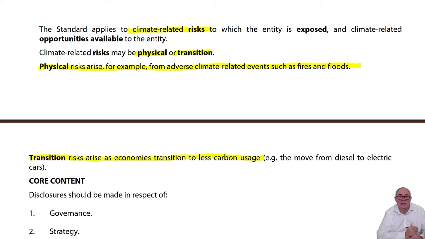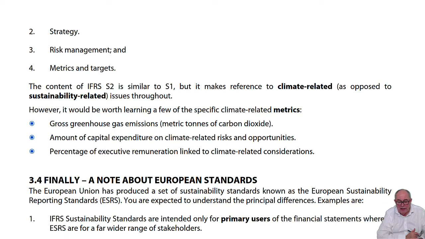The core content is the same. Governance, strategy, risk management and metrics really matter, but there's much more specific detail about the individual metrics, and perhaps I would learn a couple that you can understand. So in the bullet points here, most of us are probably struggling with greenhouse gas emissions, but the second and third are fine, aren't they?